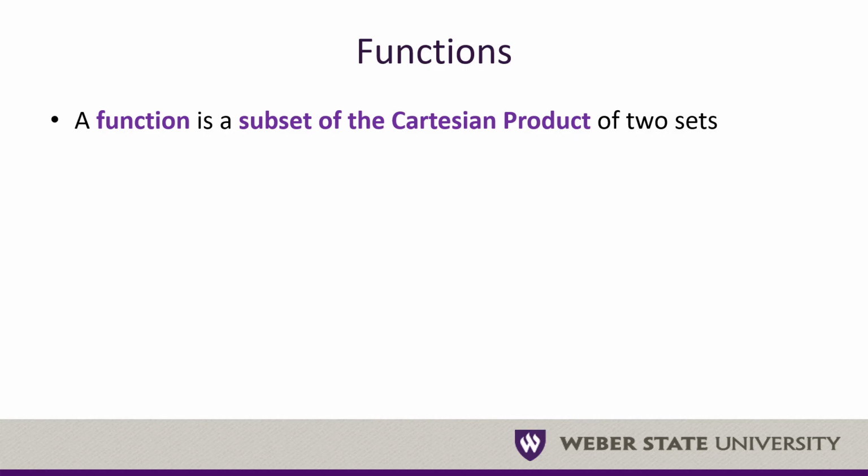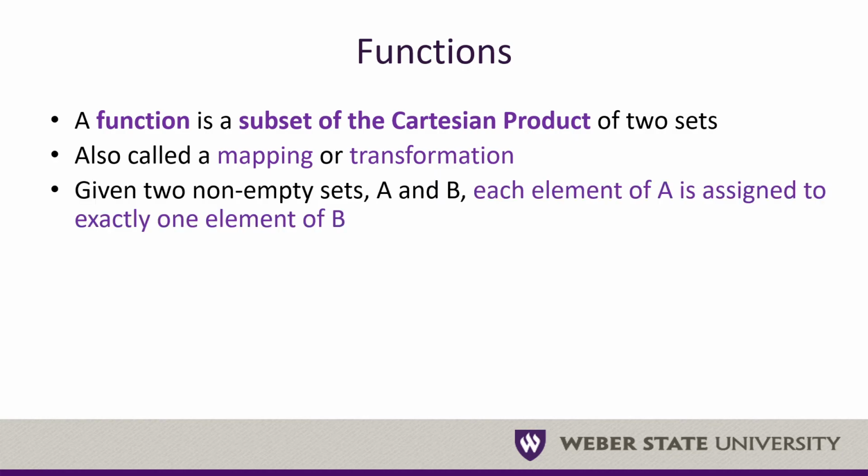Now there's a restriction on that, and that's what makes it a function. We can call it a mapping or transformation, but the idea is that I take one value from the first set and I produce a value in the second set. So given two non-empty sets, each element of A is assigned to, and I probably should change this color to red, exactly one element of B. That's what makes it a function as opposed to a relation.